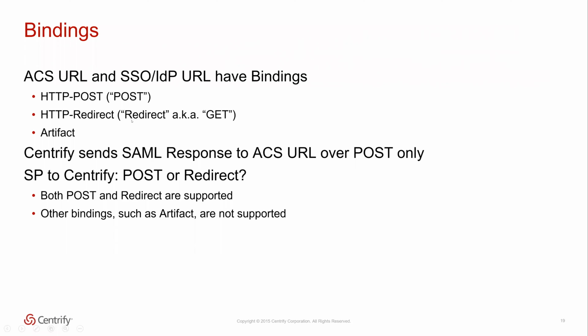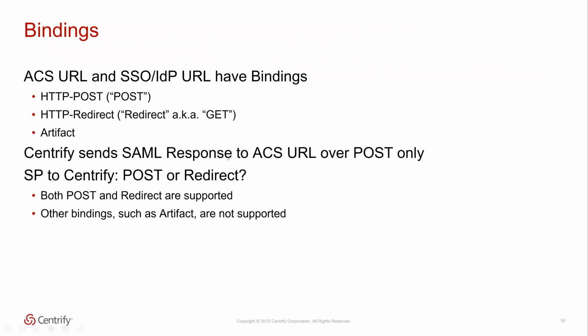So per SAML specifications, there are several bindings, right? The ones that we are familiar with are HTTP POST and GET, which is also known as HTTP redirect in the SAML bindings. And there's another one called artifacts.